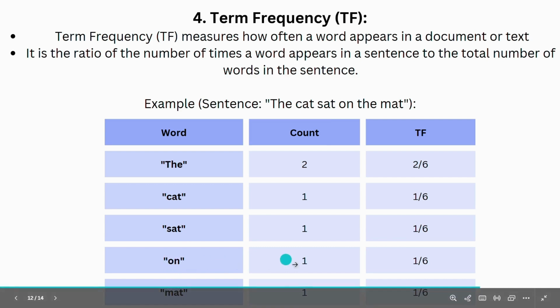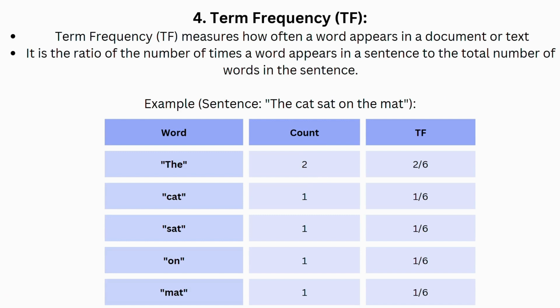On is one time, count 1, and term frequency is 1 by 6. Same as mat, count 1, term frequency is 1 by 6. This is the term frequency. It is the ratio of the number of times a word appears in the sentence to the total number of words in the sentence.